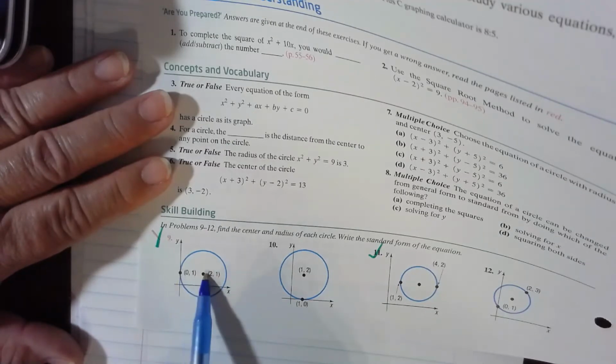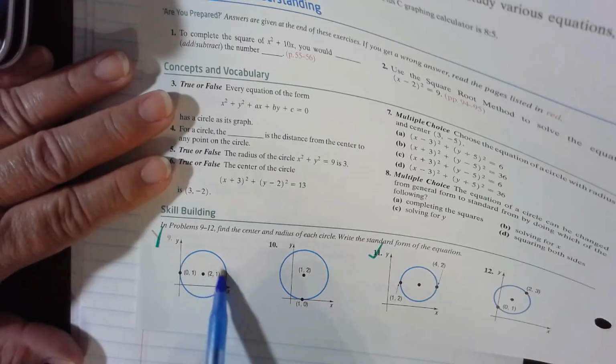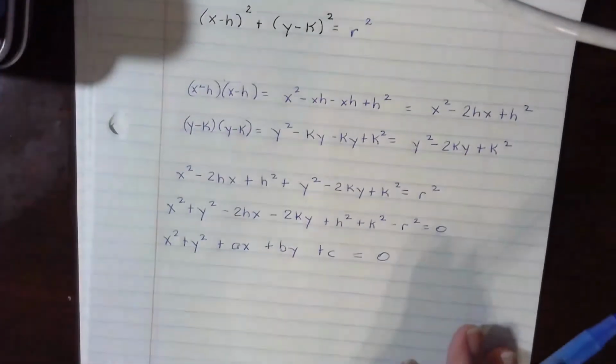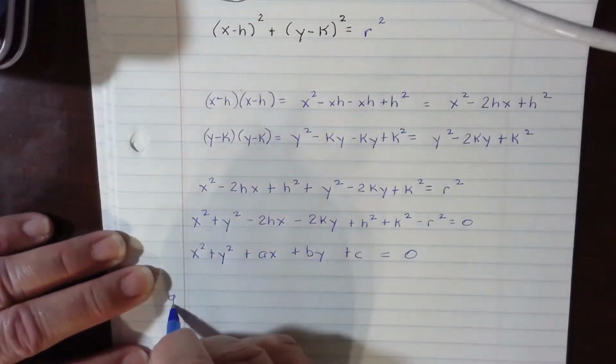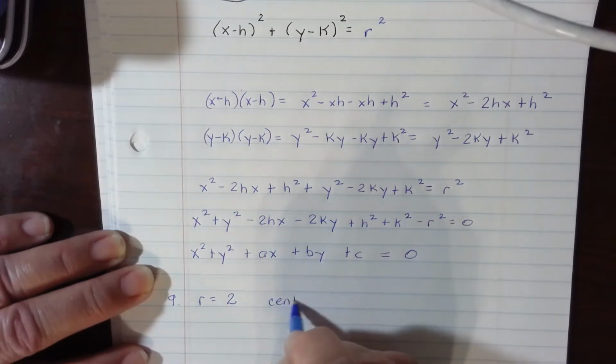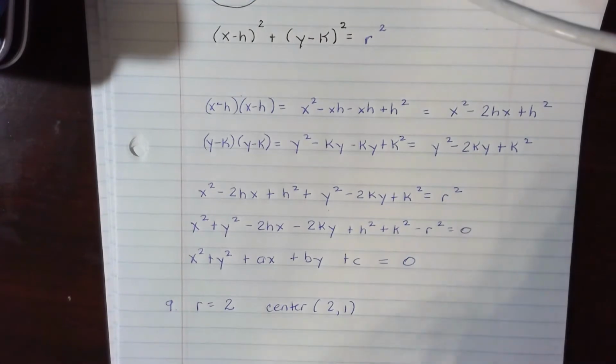So that means that the length of that line is 2, because it went from 0 to 2. So that's my radius. And I can see in the picture that the center is (2, 1). So let's write that down. We can count that the radius is 2 and the center is the point (2, 1), just from the picture.